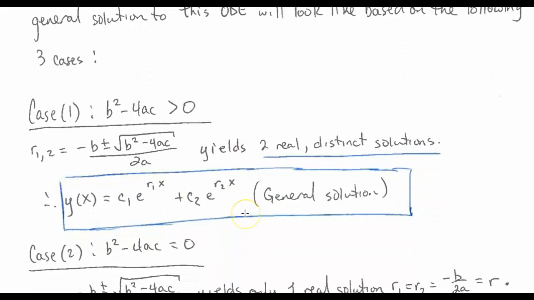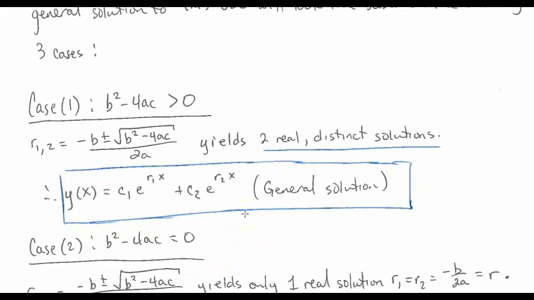So of course, case 1 again means that when we solve our quadratic equation here, our characteristic or auxiliary equation, the result ends up being 2 distinct real numbers.